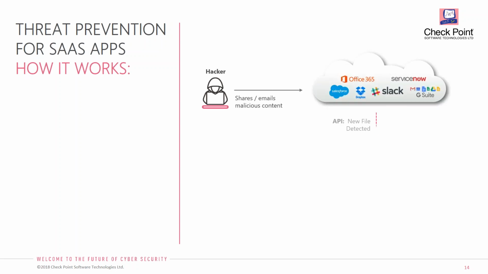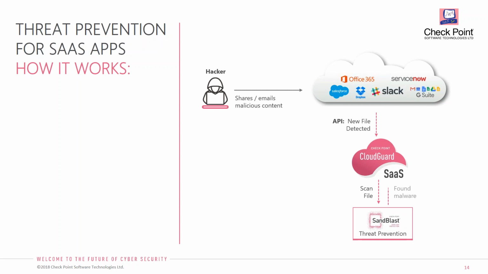So if I am a hacker, if I message you, I email you, or I share, for example, into an open share or some sort of share in your environment, a malicious file, what will happen is that the cloud provider will indicate to Check Point, yes, there is a new file detected. The file will be sent to Check Point CloudGuard and then on to our threat prevention platform.